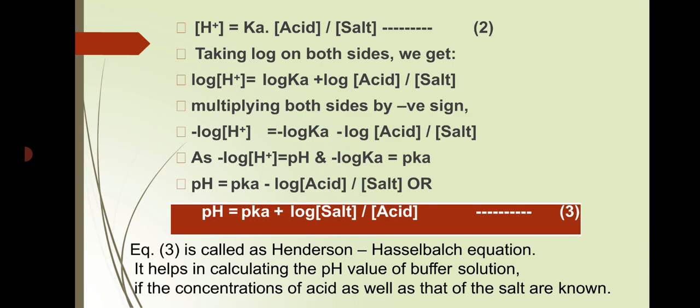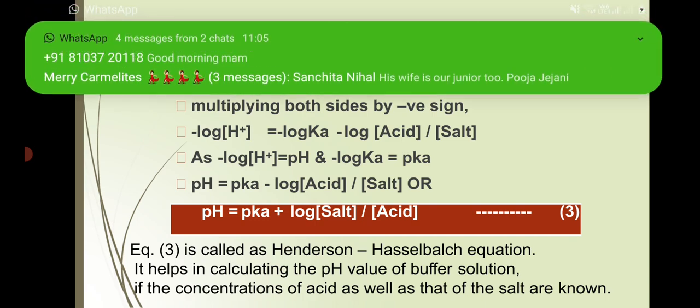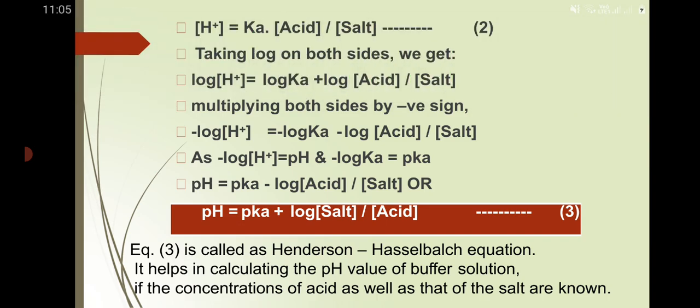As negative log of concentration of H+ ion is equal to pH and negative log of Ka is equal to pKa, we get pH is equal to pKa minus log of concentration of acid divided by concentration of salt, or pH is equal to pKa plus log of concentration of salt divided by concentration of acid.